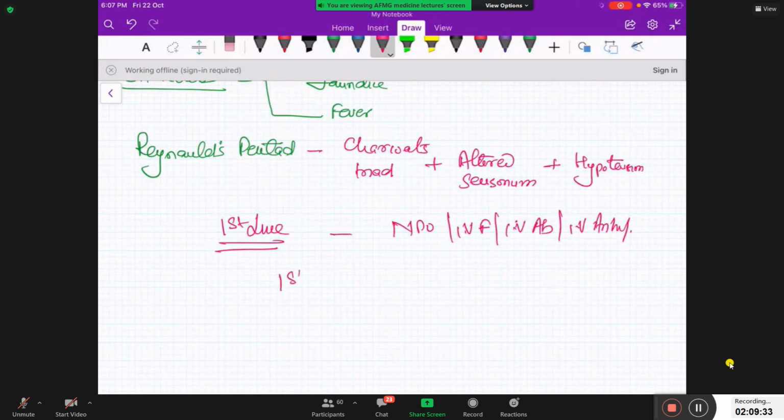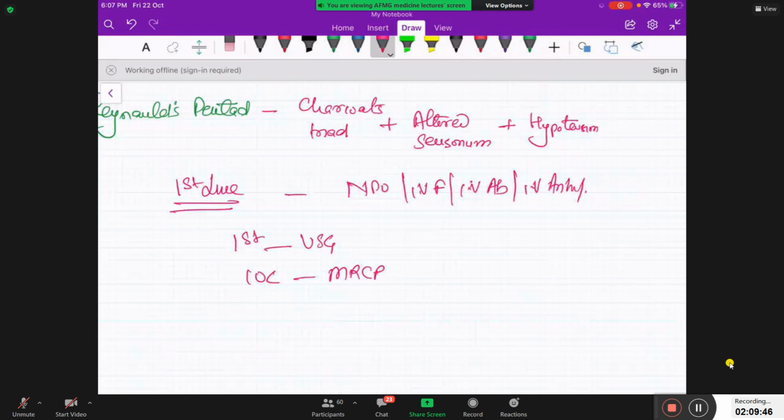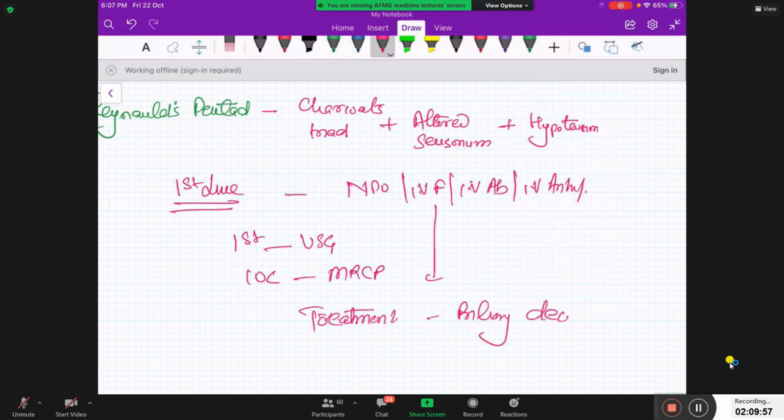The investigation of choice is MRCP, right? And the treatment of this condition is biliary decompression. What do you mean by biliary decompression? Preferably endoscopically.